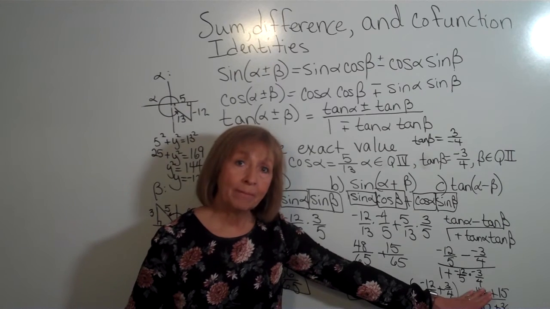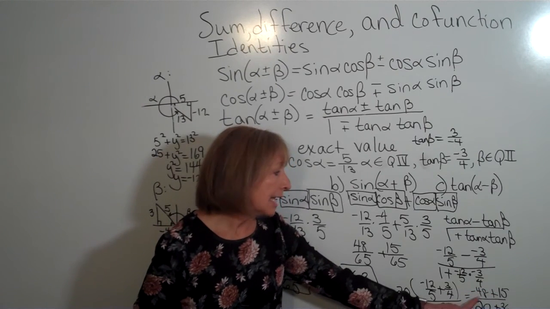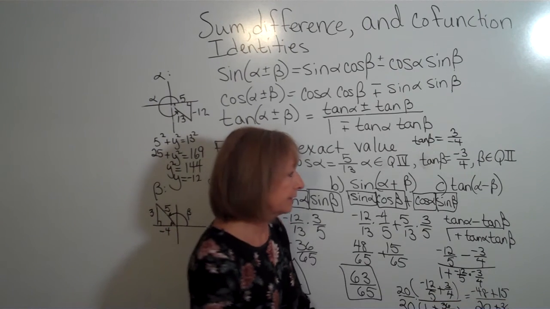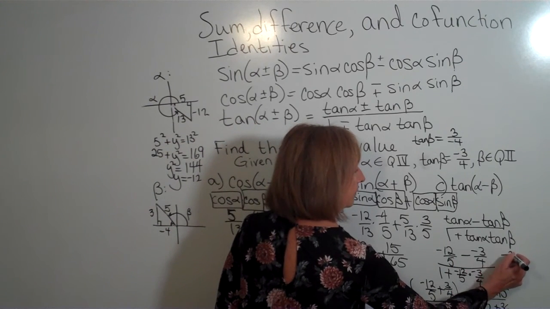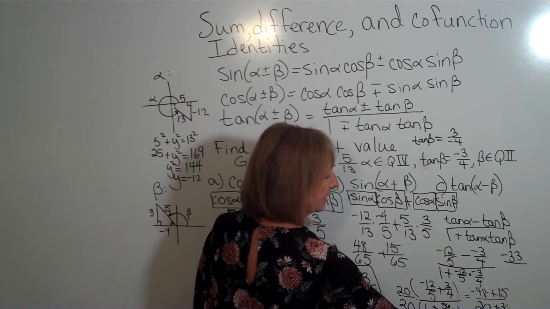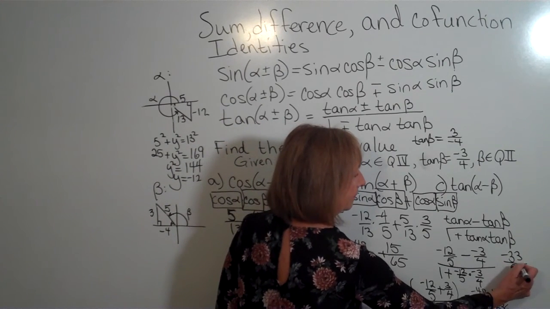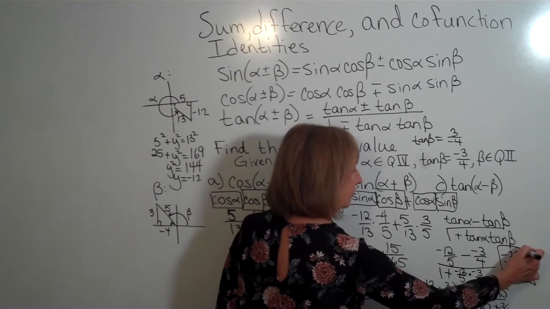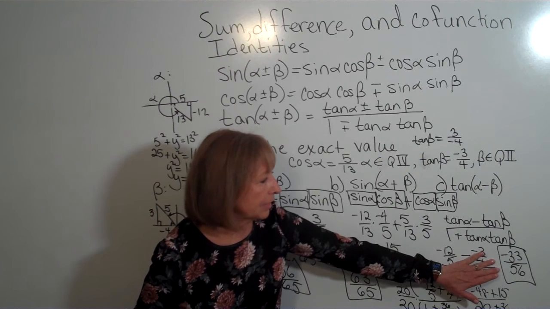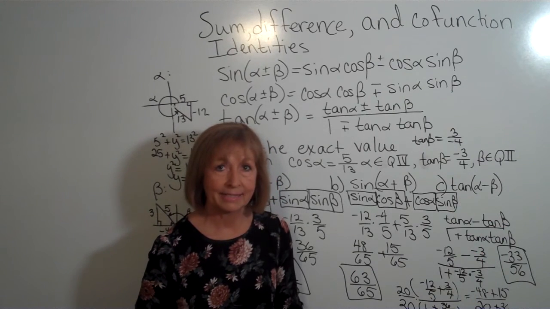So combining my terms in the numerator and denominator, negative 48 plus 15 is a negative 33 over 20 plus 36 is 56. So here I get my negative 33 over 56 for that answer.